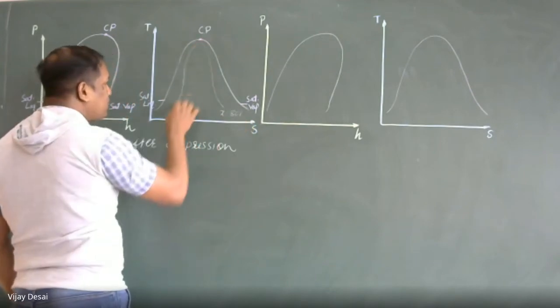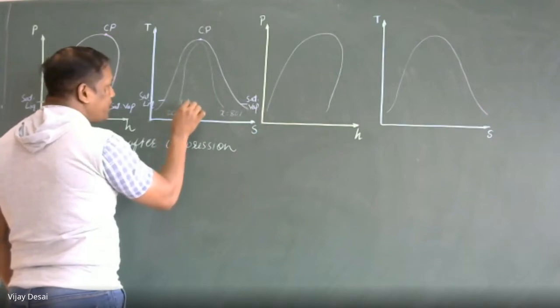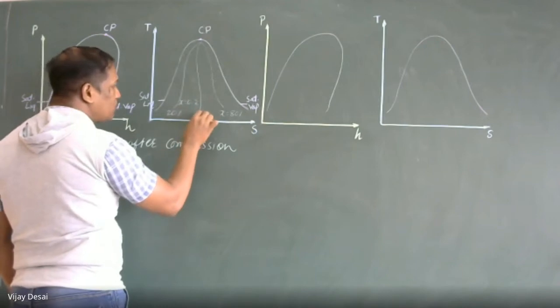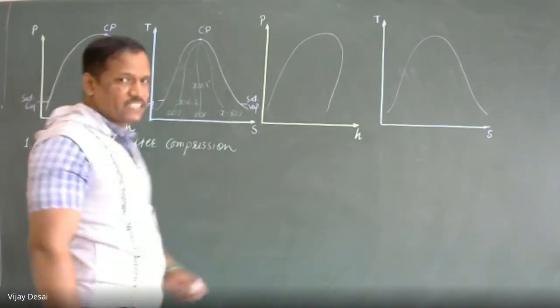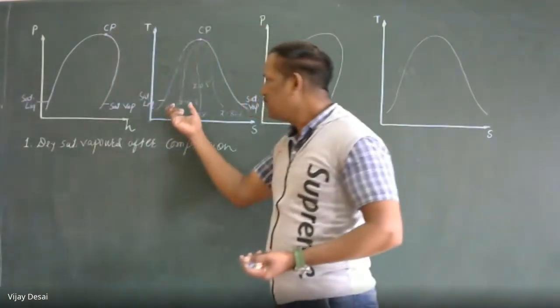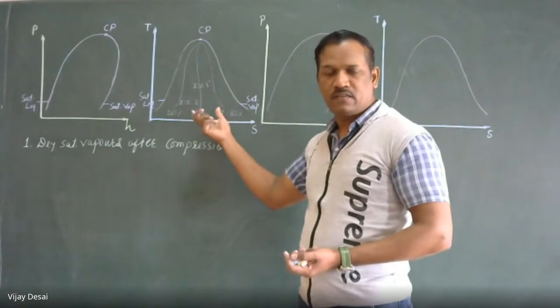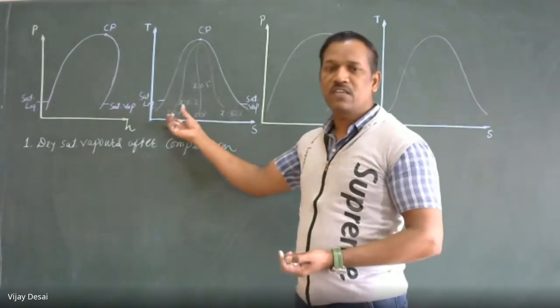Suppose 20% dry, so the X value will be 0.2. This may be 50% dry, so the X value will be 0.5. So dryness fraction, because in a mixture of wet steam, that is a mixture of liquid and dry steam, we must identify how much steam is dry.